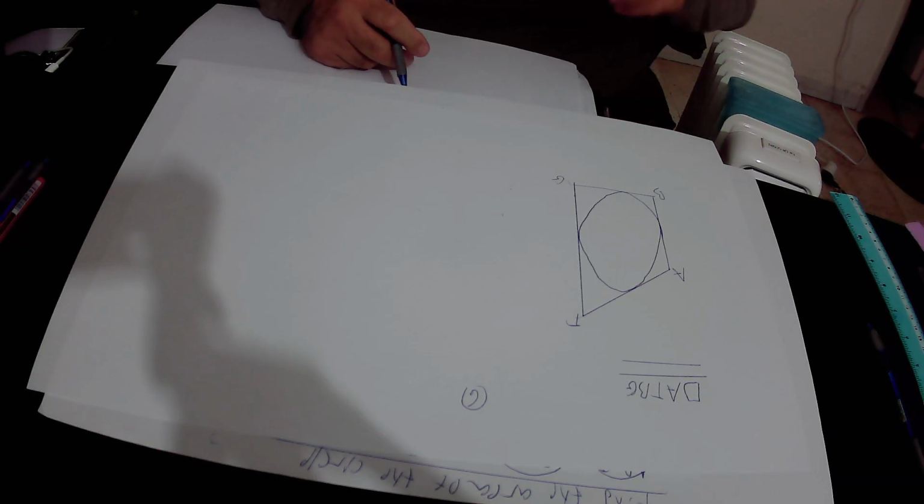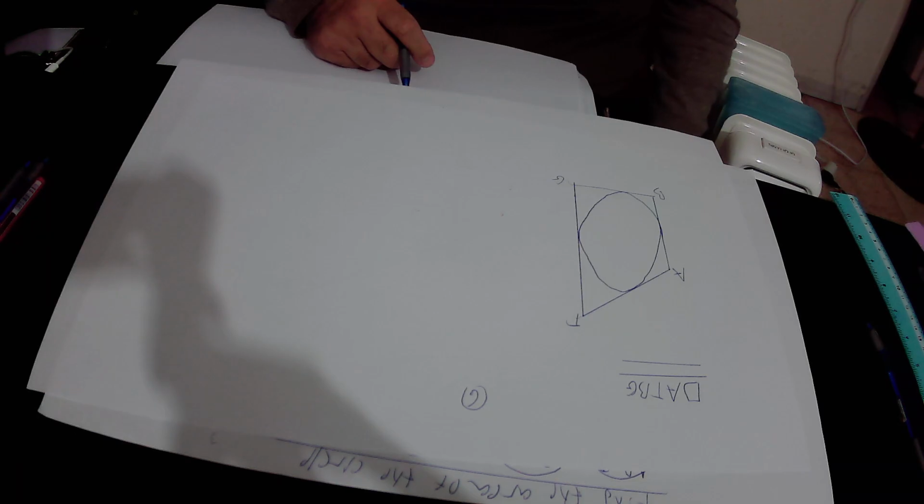The circle and the quadrilateral touch each other at 4 points. That is to say they are tangent to each other at 4 points.